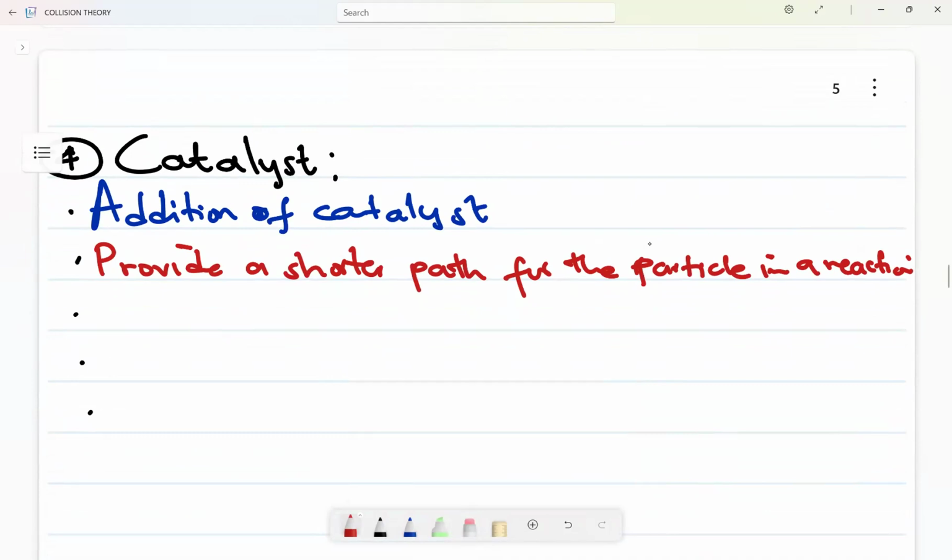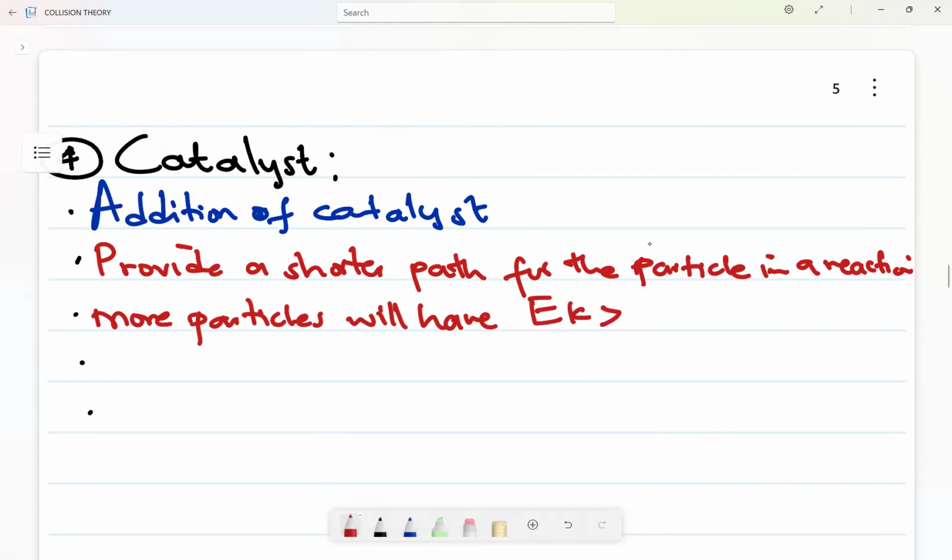Also, more particles will have sufficient kinetic energy that is greater or equal to the activation energy.